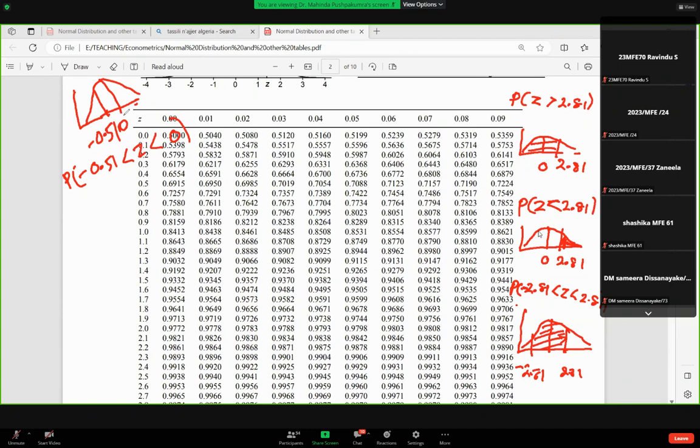That means this area. Next one. This area. Here value is, let's say, 0.51. Please try to find the answer for these three. This one, and this, and this.